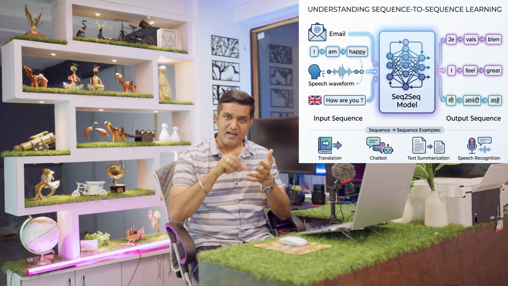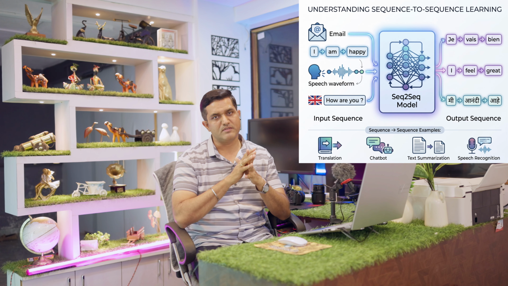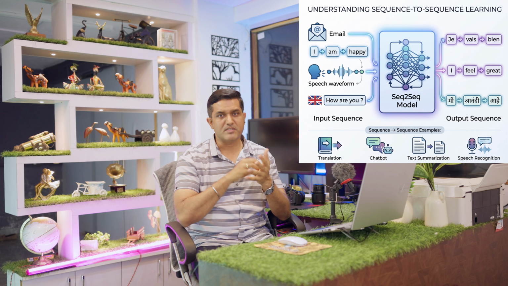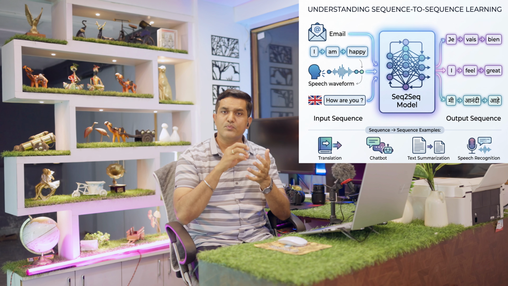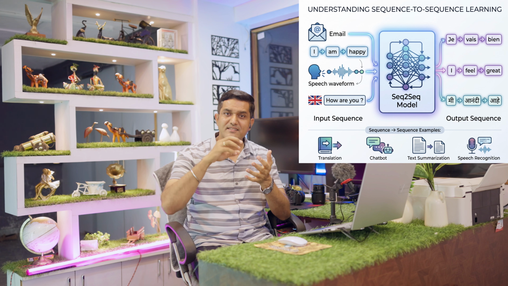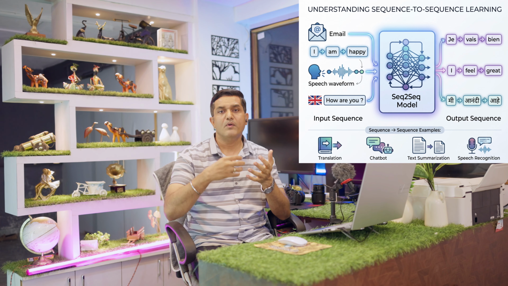Now, let us discuss another important and interesting type of data, that is sequence to sequence data. In this type of problem, the input is a sequence and the output is also a sequence. The best example is machine translation. Suppose we want to translate the English sentence, I am very happy to see you, into Hindi. The output could be, तुम्हें देखकर मुझे बहुत खुशी हुई.